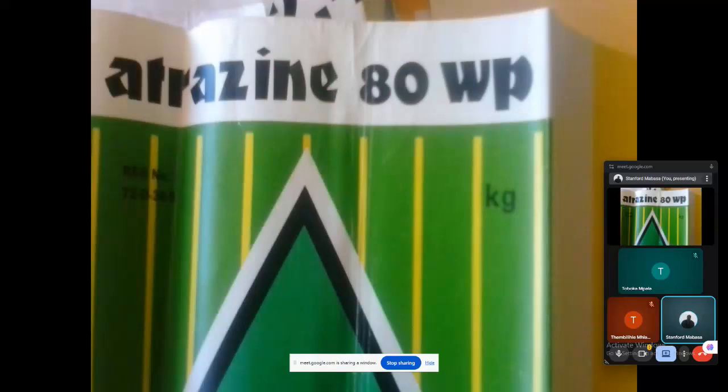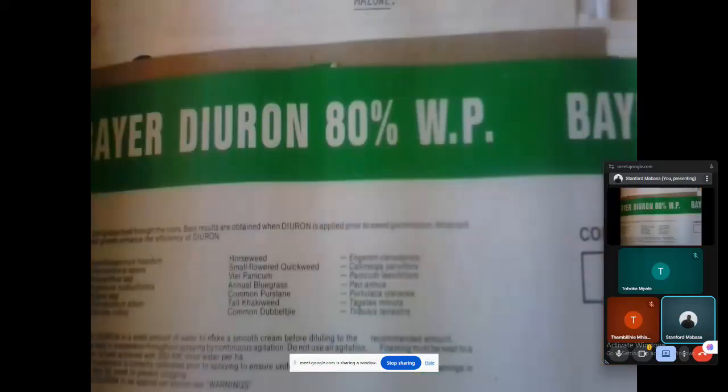Atrazine, we now have flowables. But at some time, agriculture used to sell WP. Probably it's a long time ago when agriculture was selling this product. This is their side, agriculture. Diuron 80% WP, which means wettable powder.